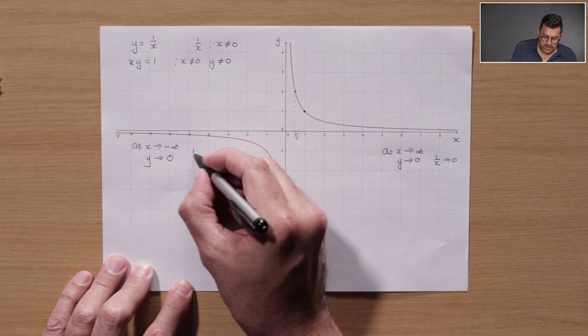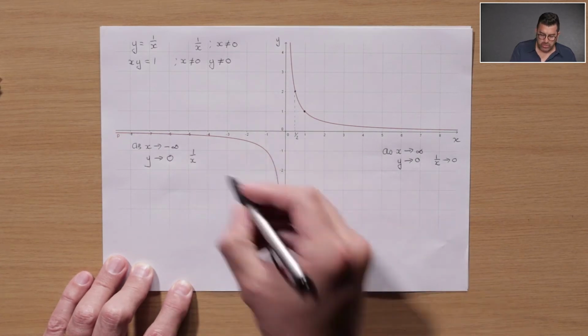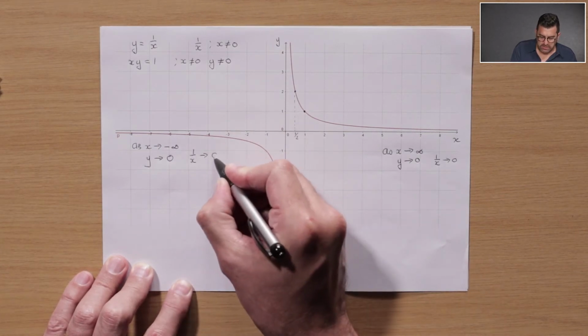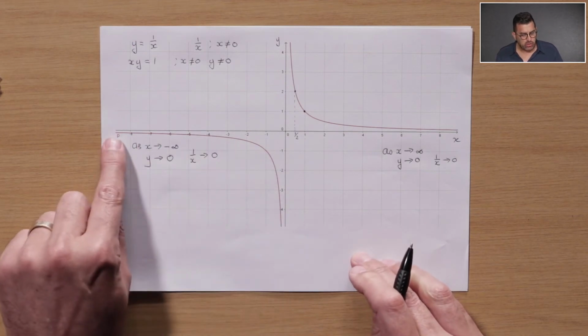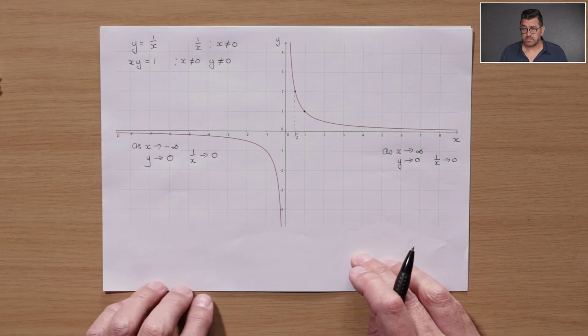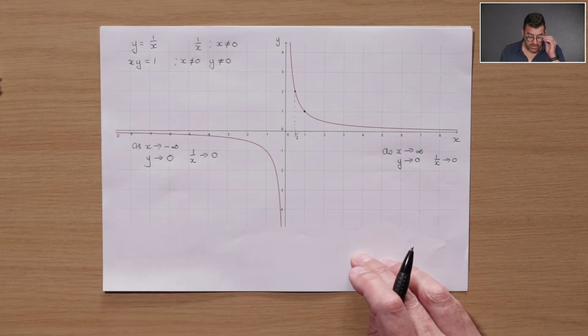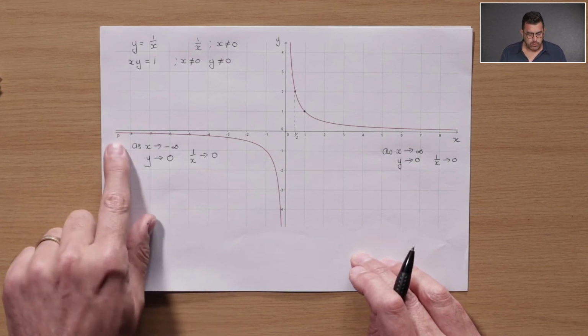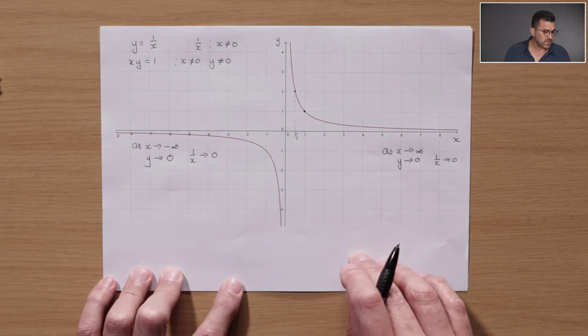Again, that's 1 over x, which was approaching 0. The number is so small that we can neglect the fact that it's not 0. That's why we're saying that in this case, it's approaching the value of 0.